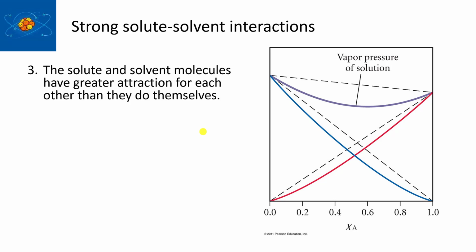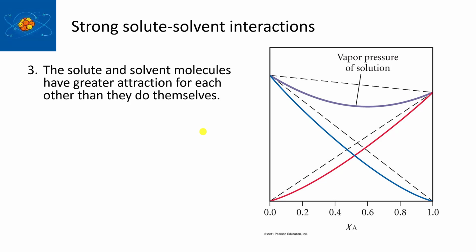So the next two cases that we'll be looking at are non-ideal behaviors. What I want you to remember is the type of intermolecular attraction and how that affects the vapor pressure. If you don't remember all the details of the vapor pressure curves, you'll be okay.